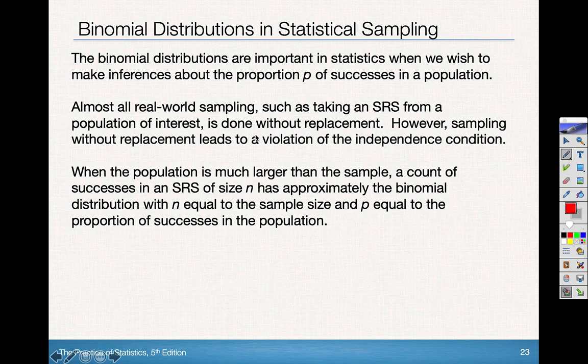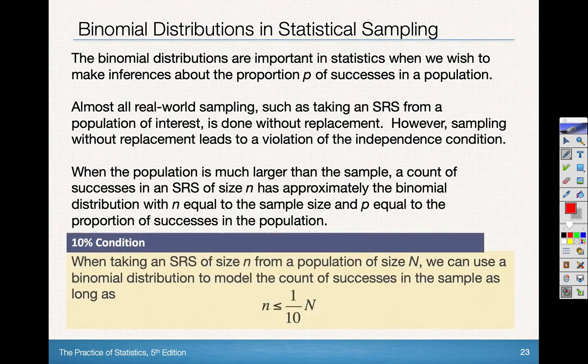Yeah, it technically does. But when the population is much larger than the sample, a count of successes in an SRS of size n has approximately the binomial distribution with n equal to the sample size and p equal to the proportion of successes. So we have this new condition.